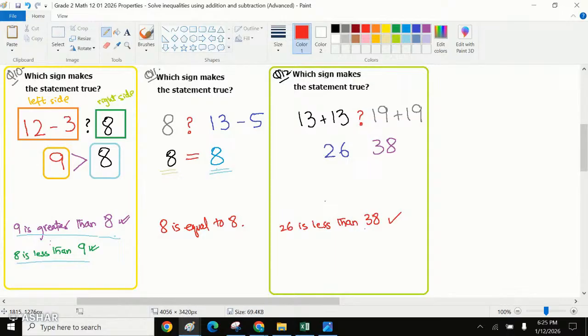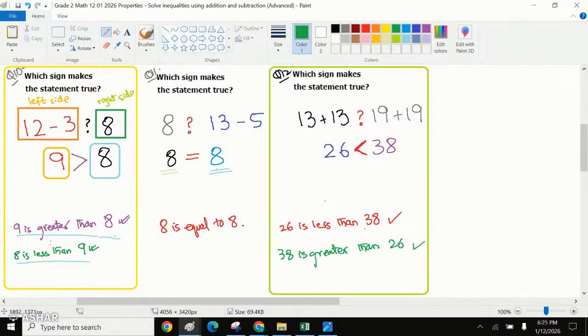Agreed? And we know that the less than sign means the open mouth goes towards the bigger value, right? So can we say 26 is less than 38? Or can we say 38 is greater than 26?